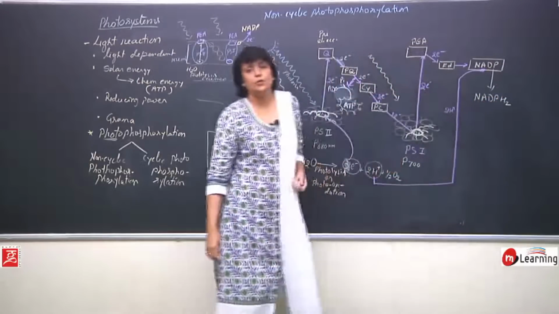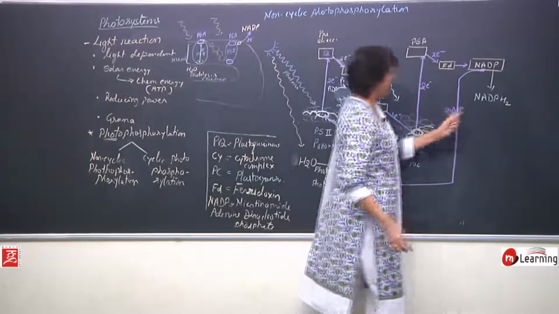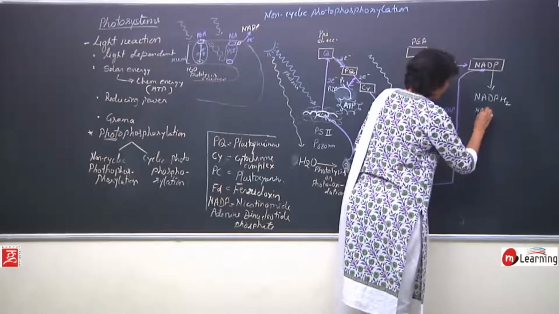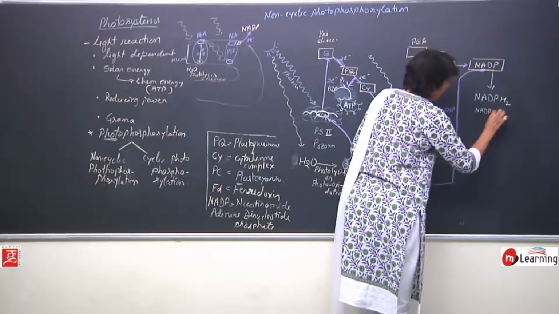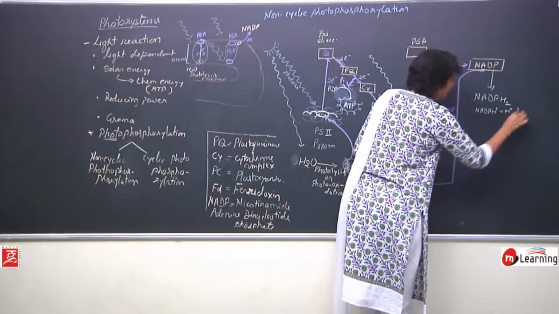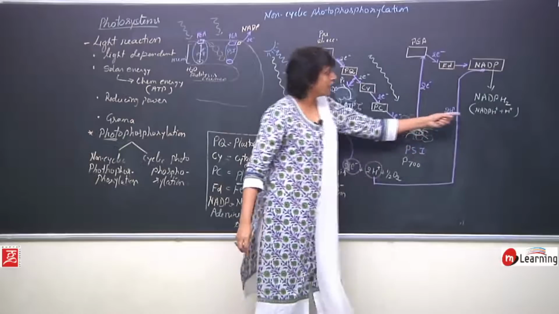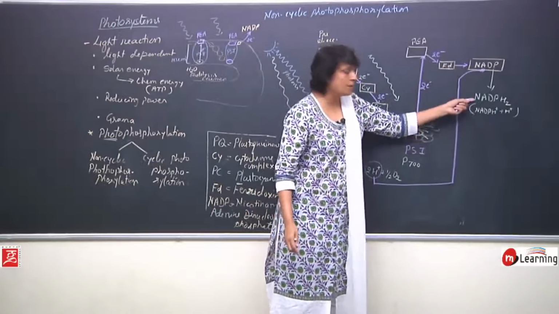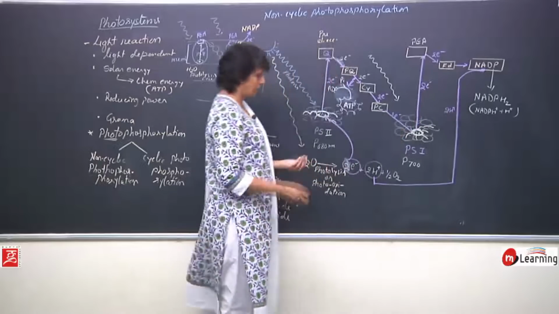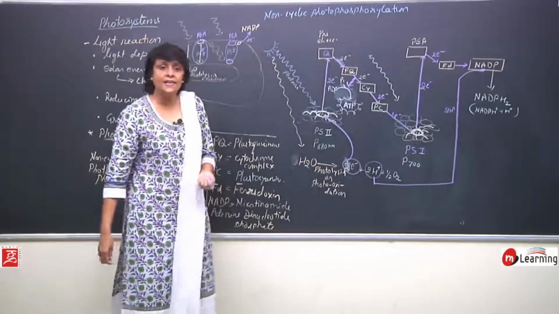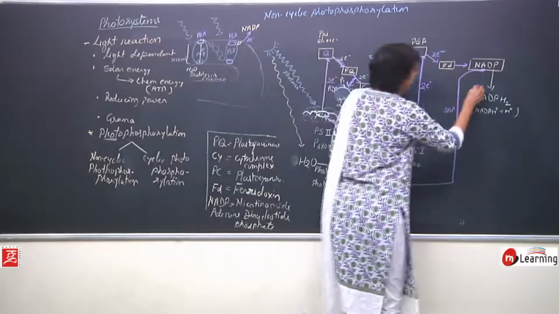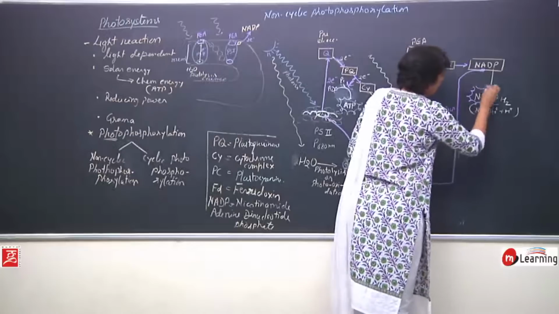This NADPH2 can be written in two ways. Either we can write it like this or NADPH plus H plus. So, this is a more technical way of representation, but we can simply write it as NADPH2. This NADPH2 is the reducing power.